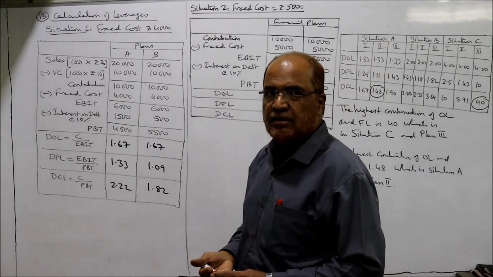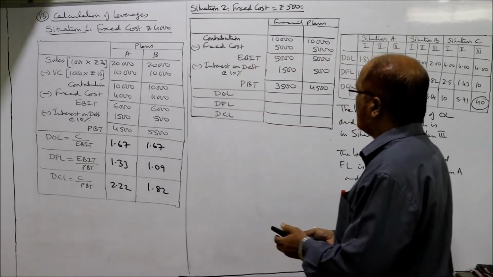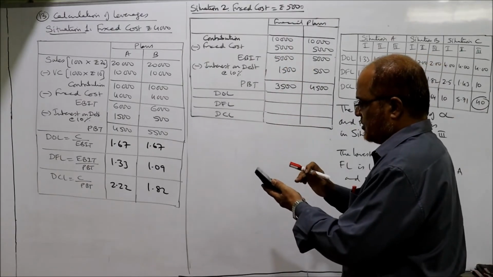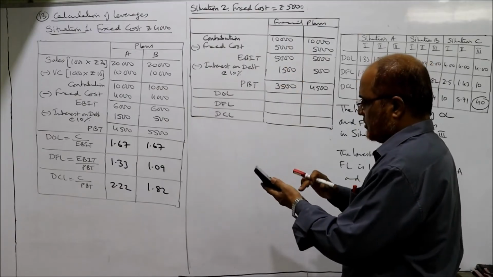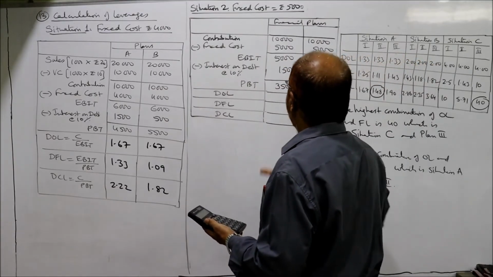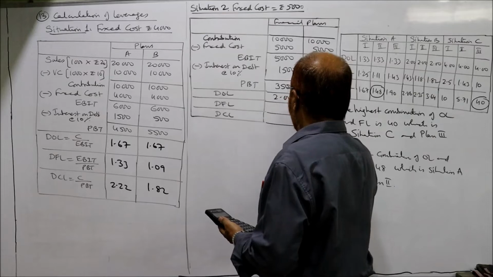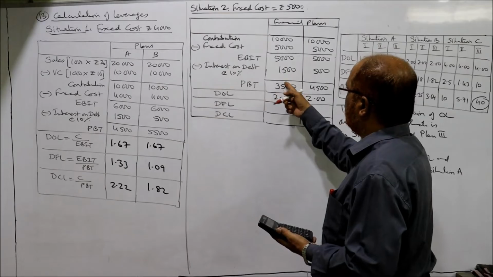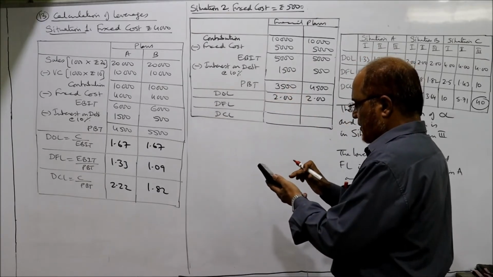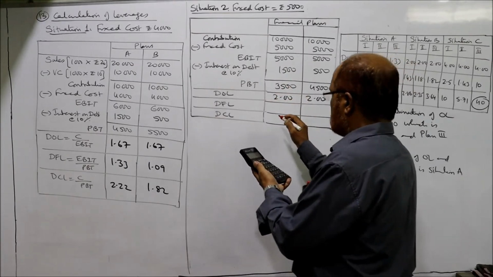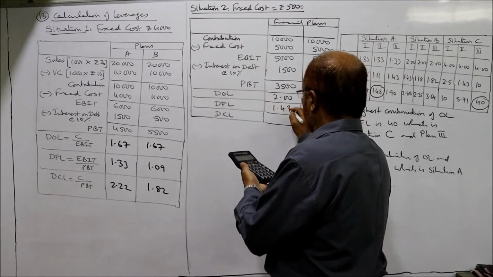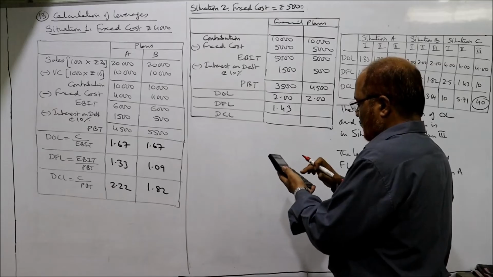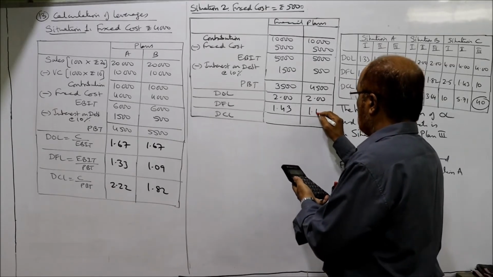Now we can calculate the DOL, DFL. First of all, DOL, C divided by EBIT, 10,000 divided by 5,000, that is equal to 2. Similarly, DFL, EBIT by PBT, 5,000 divided by 3,500, that comes to 1.43. Similarly, EBIT 5,000 divided by 4,500, 1.11.